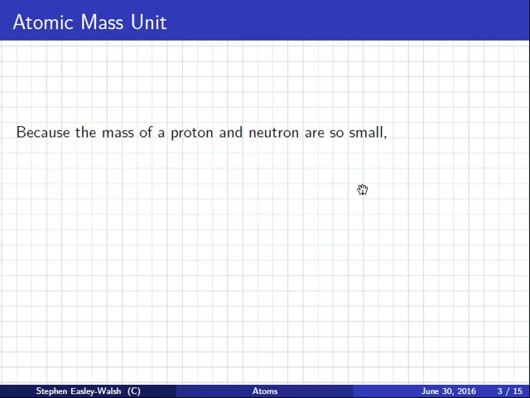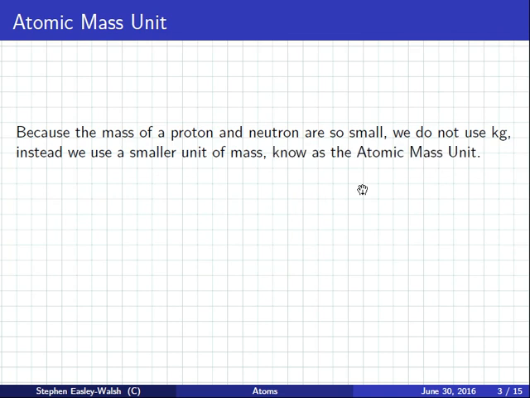Because the mass of a proton and a neutron are so small, we sometimes don't use kilograms because that's too big of a unit. Instead, we use a different unit for mass. Do we use grams? No, because even grams are too big. So we use the atomic mass unit, or the AMU.